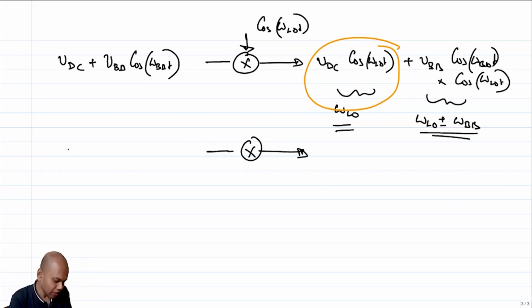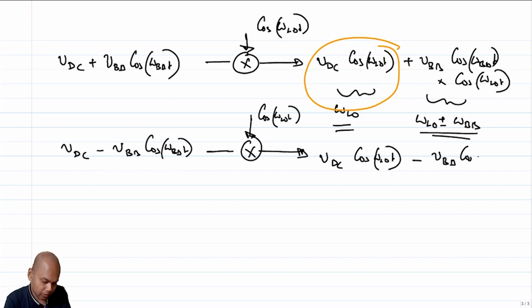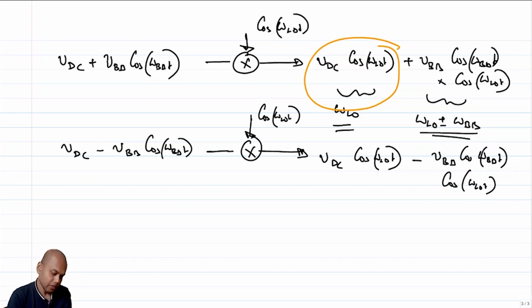So if I have VDC minus VBB cosine omega BB t, and I multiply it with cosine omega LO t, I get VDC cosine omega LO t minus VBB cosine omega BB t times cosine omega LO t.